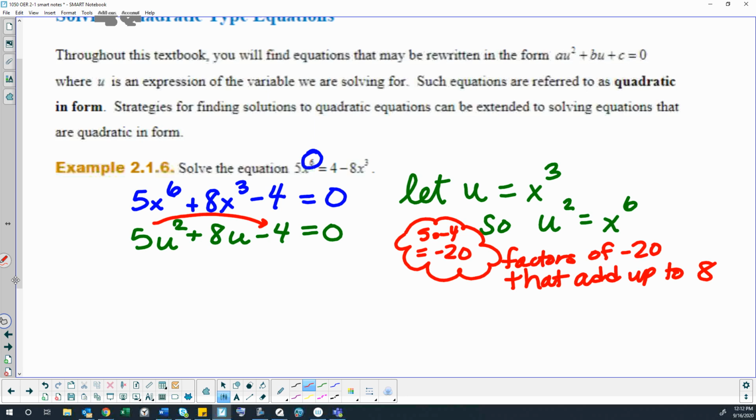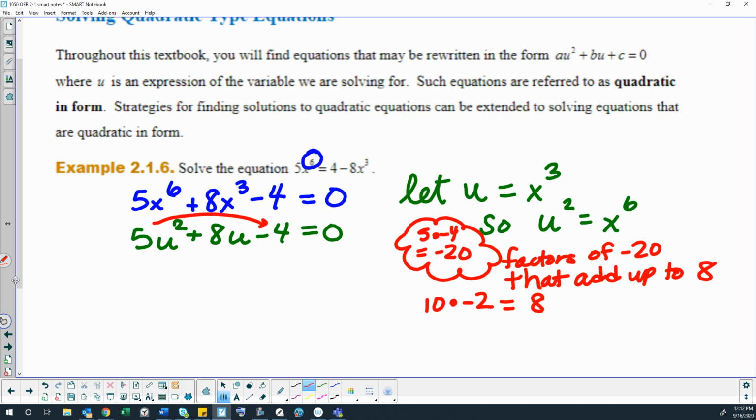When I say factors of negative 20, we've got 5 and negative 4, or negative 5 and positive 4, but those would add up to 1 or negative 1. What other factors does 20 have? 20 and 1, but you have one of them negative, so you either get 19 or negative 19. But the one that you guys are coming up with, which is good, is a positive 10 times a negative 2, that would give us 8.